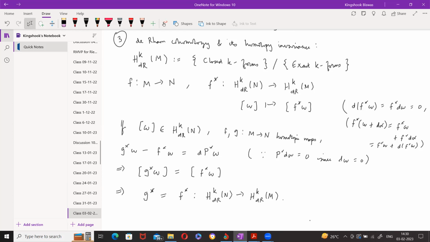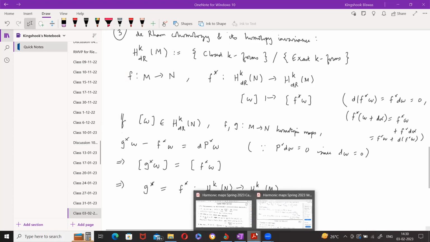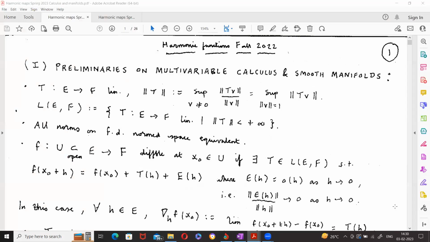Okay. You can read more about de Rham cohomology groups in, say, Bott and Tu. There are many books you can read. I won't talk more about them. I just want to get to the basic definitions we'll be needing.